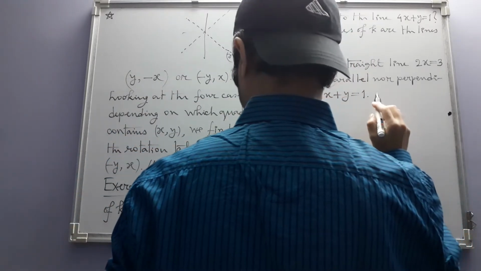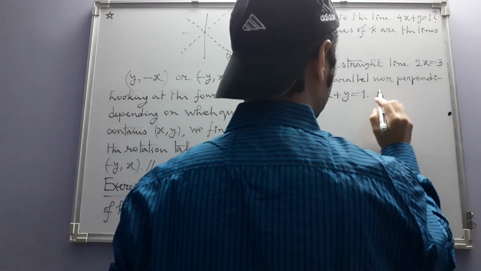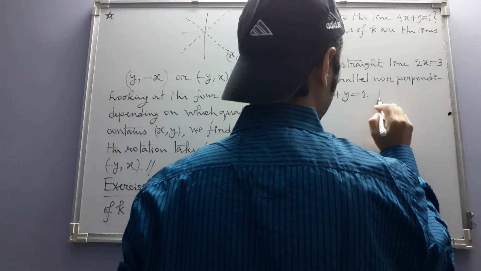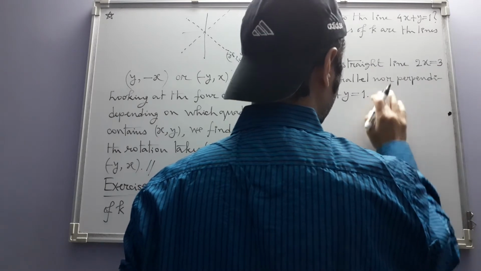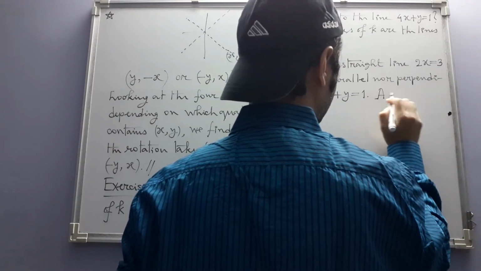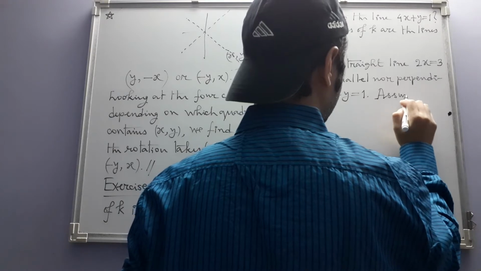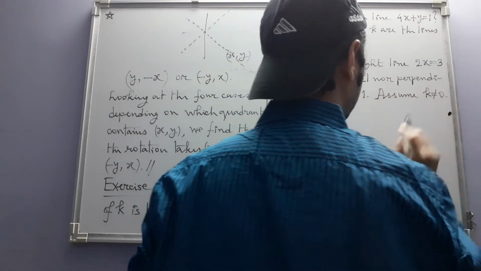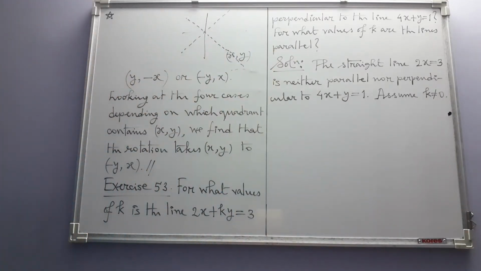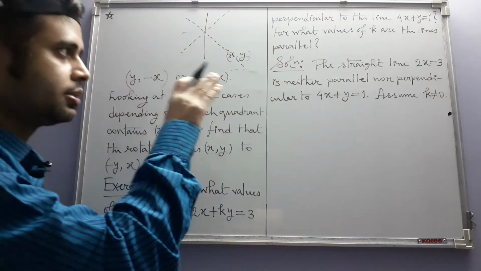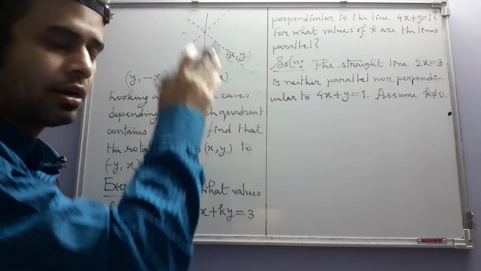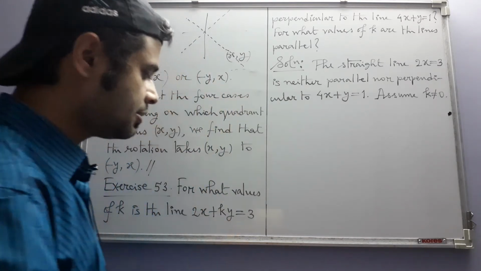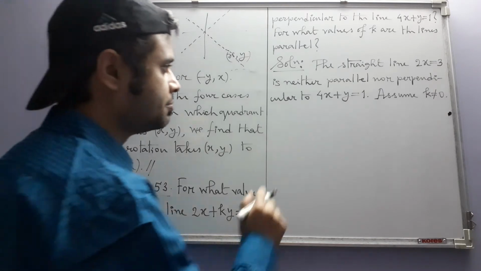Okay. So assume k to be non-zero. So we are no longer considering this vertical line 2x equal to 3. Whatever our line is, it's not vertical.